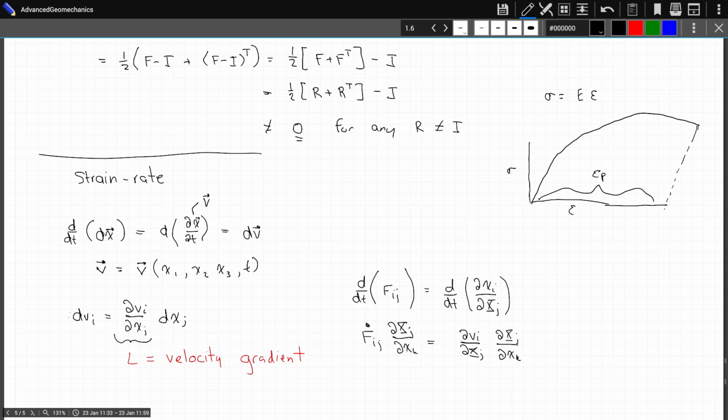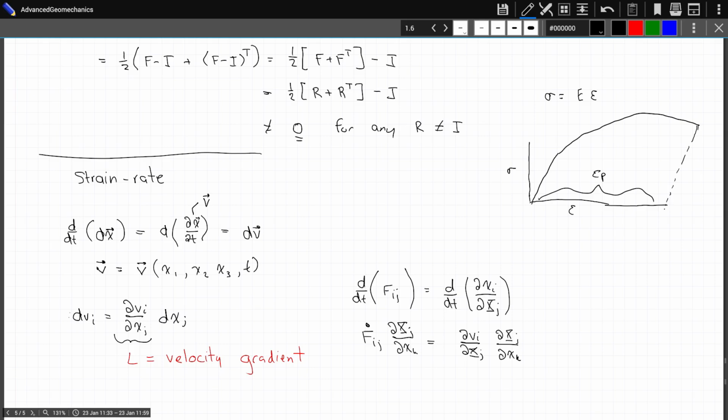All right, what is this? Almost. That's the deformation gradient. What is this? The inverse of the deformation gradient, right? But also we have partial big X_j, partial big X_j.